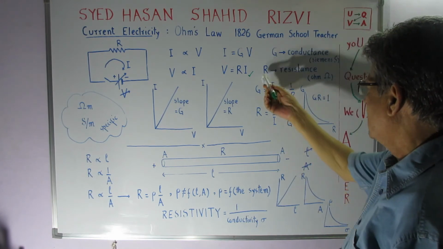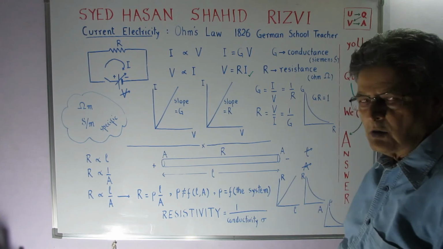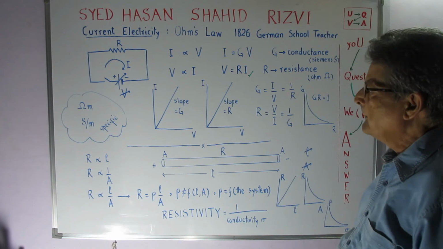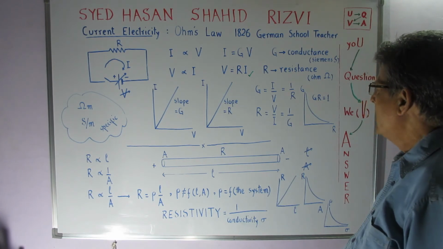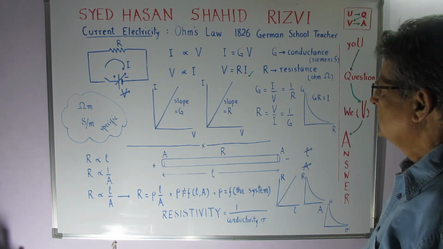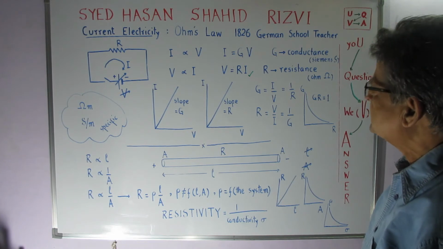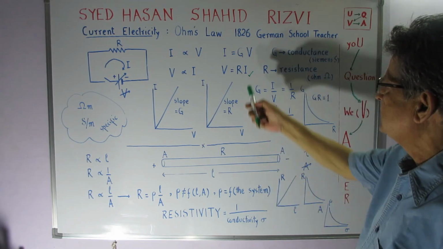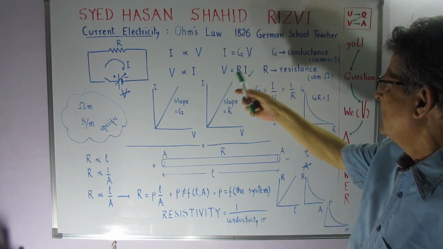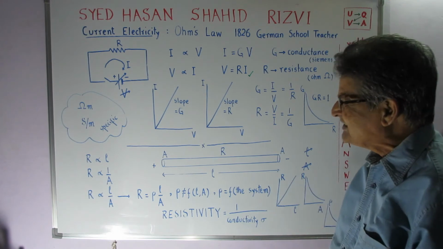So this is called resistance, and its unit is ohm, with the symbol omega. Of course, with the systems approach, here also I say that the capital G is not a function of V, is not a function of I, and is therefore a function of the system.